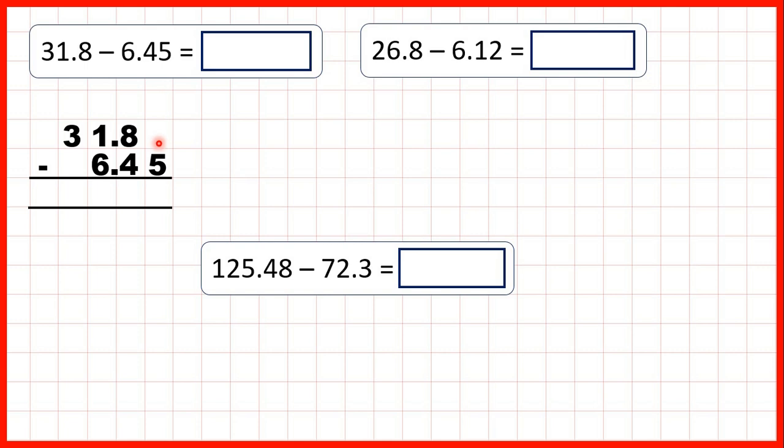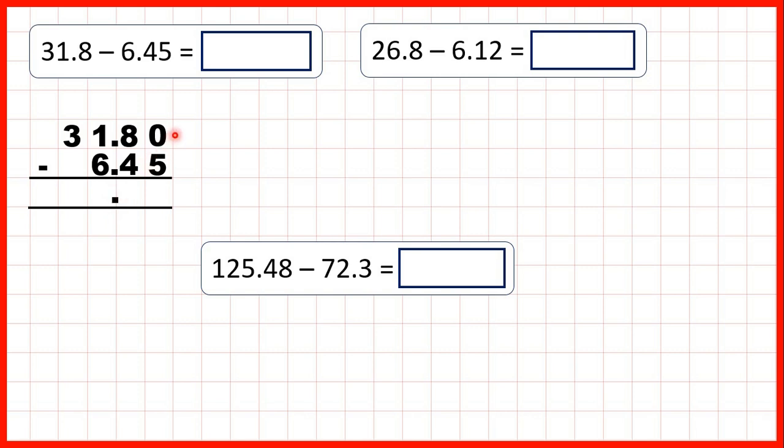Now we have an empty square, so we can write a 0 here, because 31.80 is the same as 31.8. All the 0 tells us here is that we don't have any hundredths. Now we need to remember to copy down the decimal point into our answer, and I like to do this first so that I don't forget.